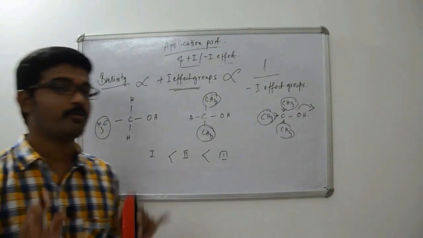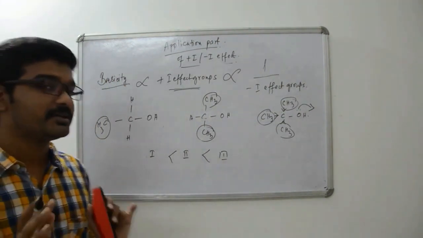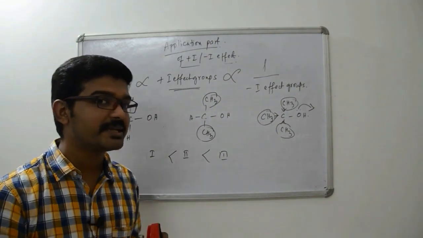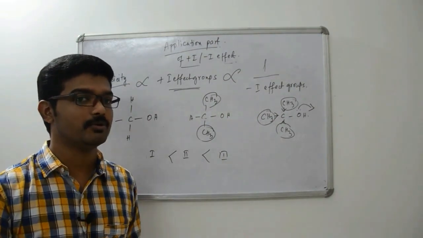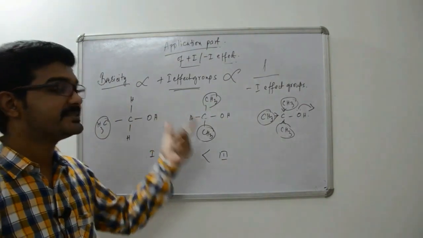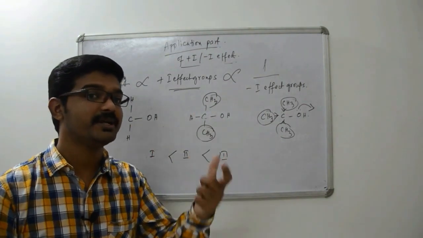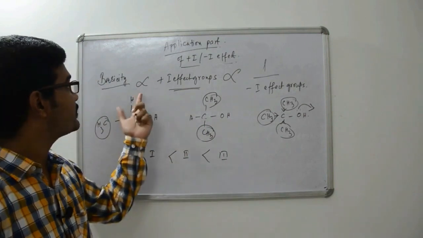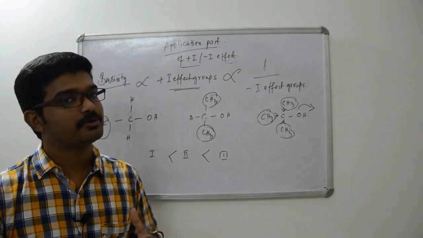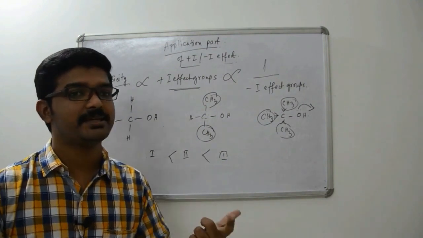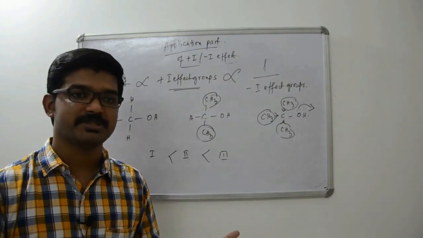So till now, what have we understood? We have understood that plus I effect and minus I effect groups play a very vital role in determining the acidity and basicity of organic molecules. In case of acidity, we have seen that the more the number of minus I groups, the more is the acidity of the organic species.